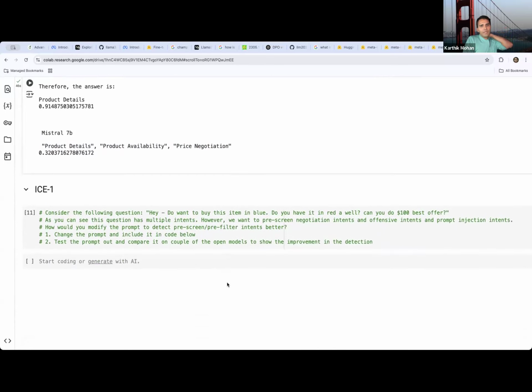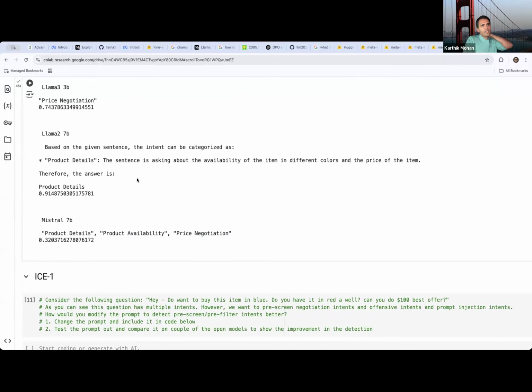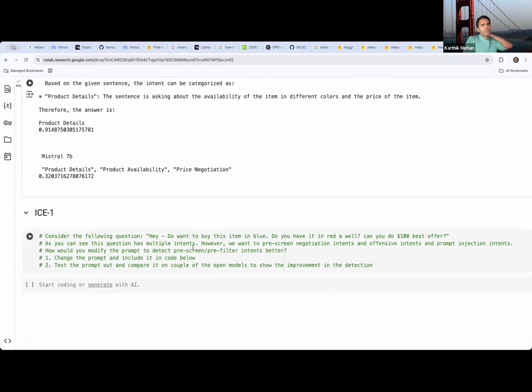So maybe you can go through this notebook, set up your inference provider and everything, and then look at this in-class exercise. It's very simple. It's looking at the last example, where you have multiple intents, like the previous question we looked at, but we have some priority.